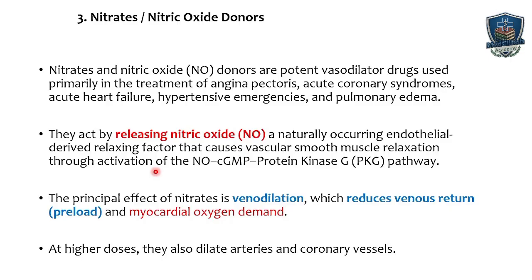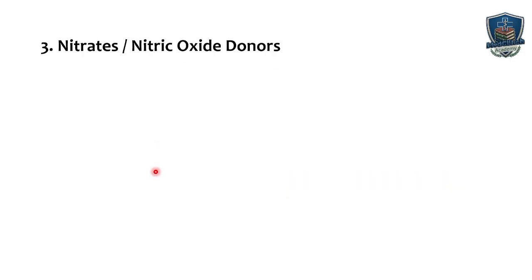They're very good vasodilators. But some only cause arterial dilation when used at higher doses, like nitroglycerin. Nitroglycerin is a very good vasodilator, but it can also become an arterial dilator when used in high doses. So that's something that you have to remember.